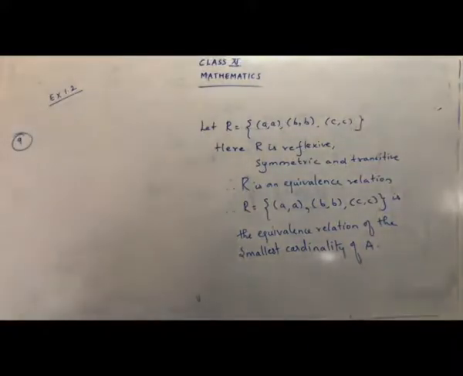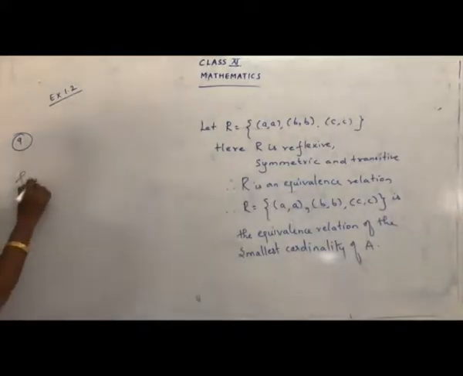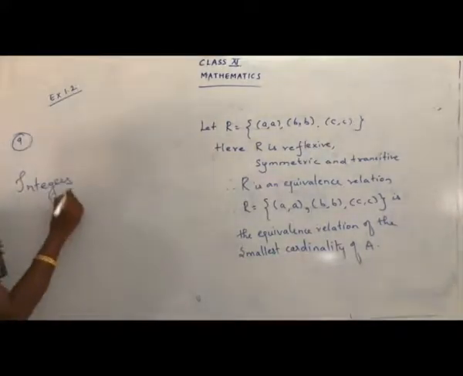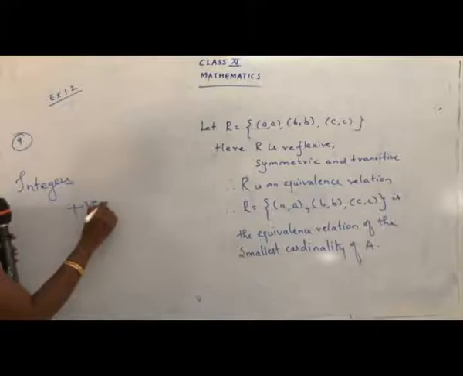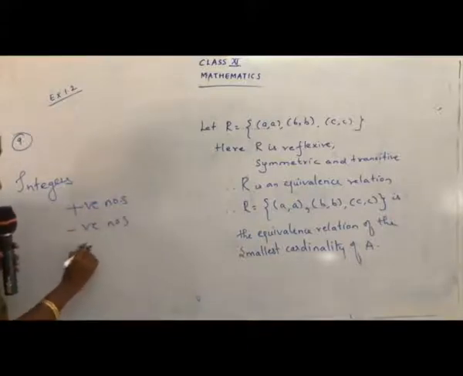See the question. In the set Z of integers, so you are going to deal with a set Z of integers. You know the meaning of integers? Integers are the numbers which include all the positive numbers, all the negative numbers, and also the zero.